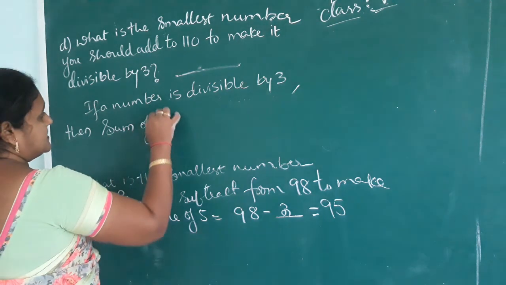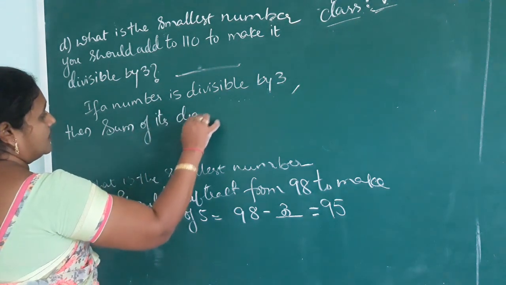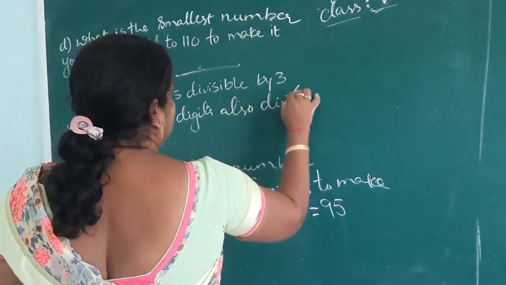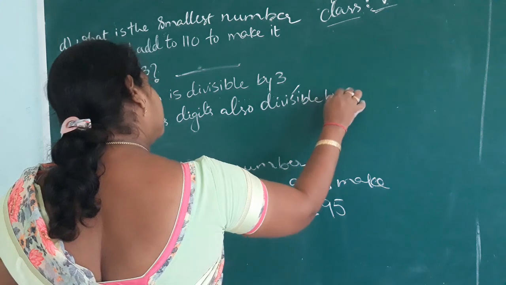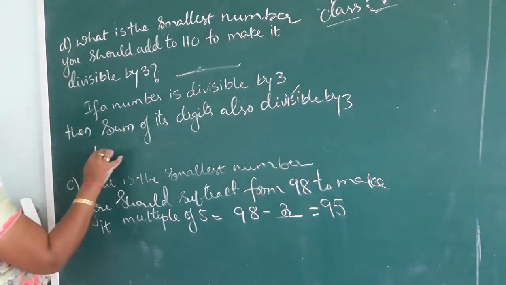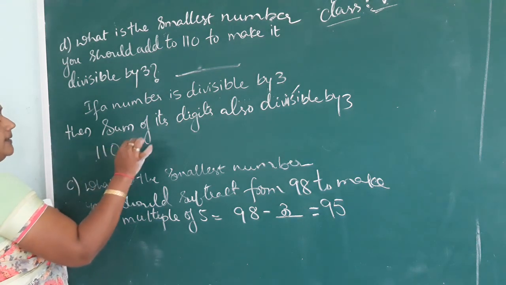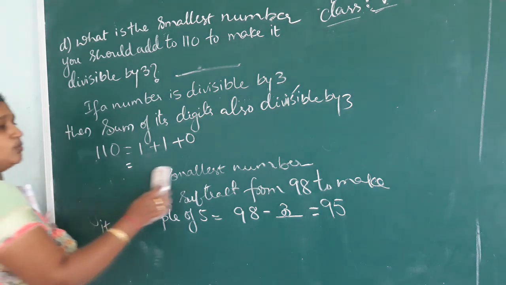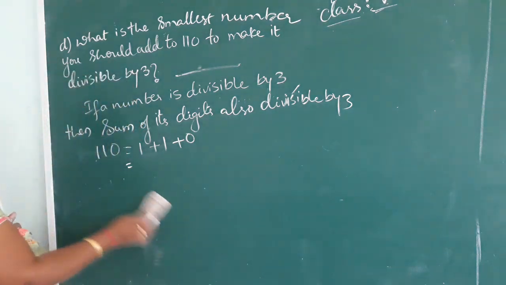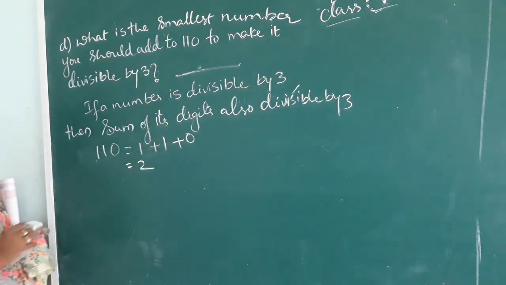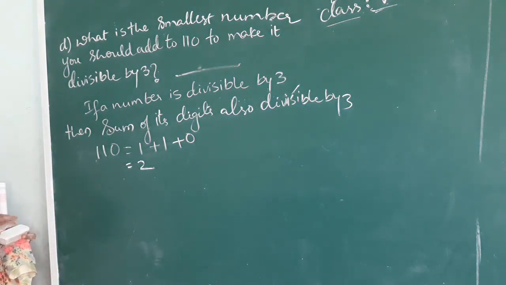For 110, 1 plus 1 plus 0, what do you get? You get 2. But the divisibility rule of 3 says you should get it without leaving a remainder.